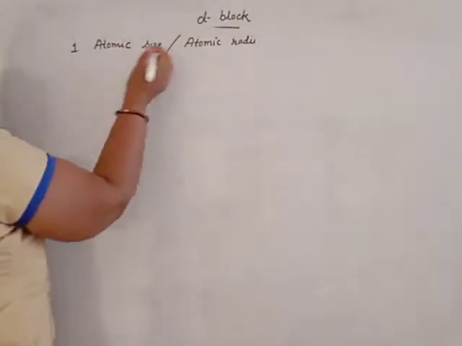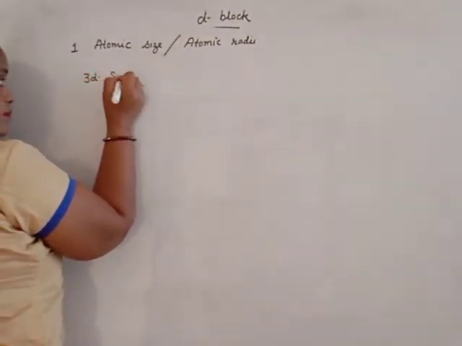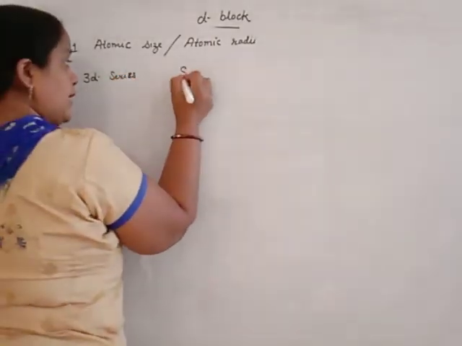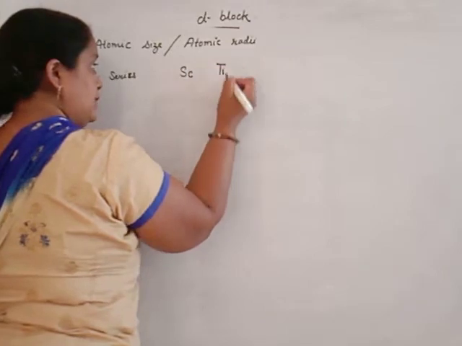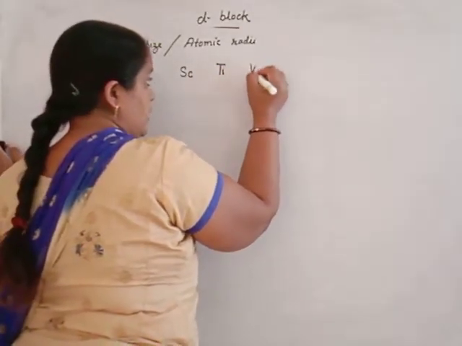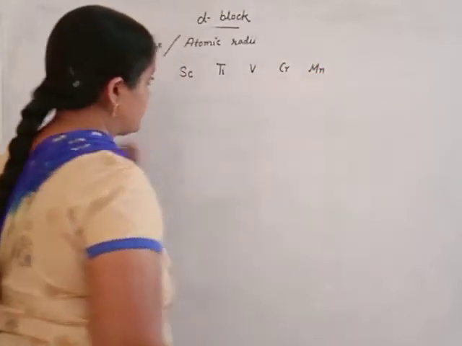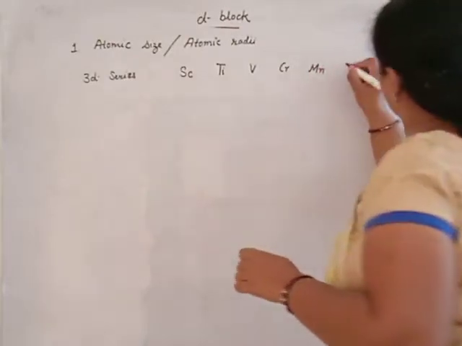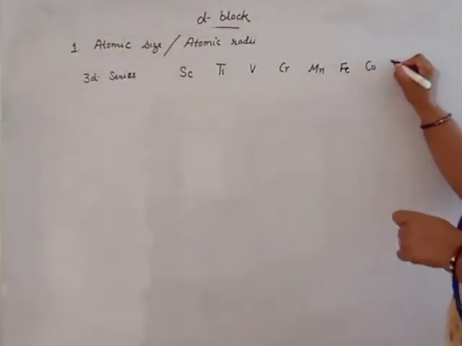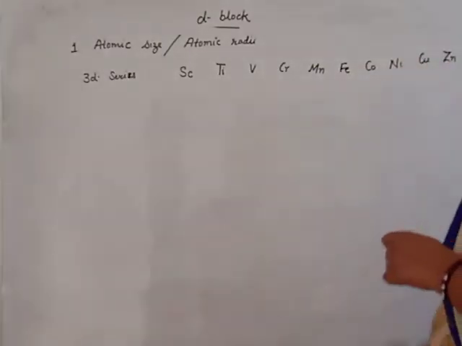The first transition series, or first 3d series, consists of the elements scandium, titanium, vanadium, chromium, manganese, iron, cobalt, nickel, copper and zinc.